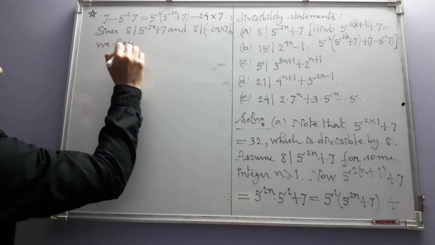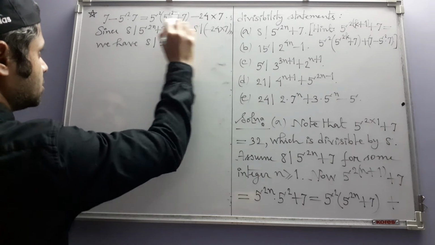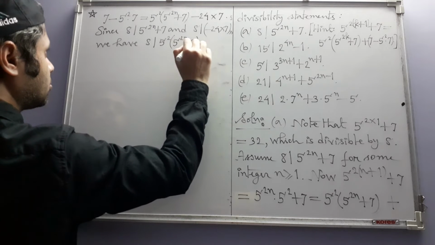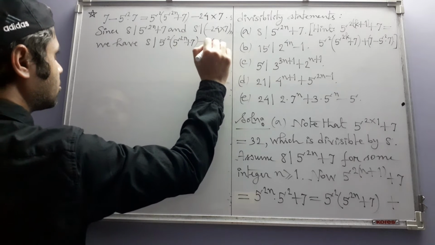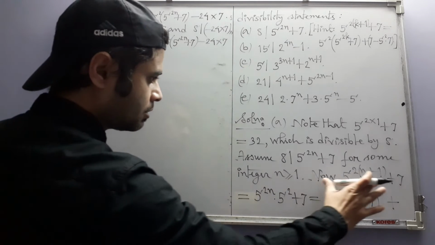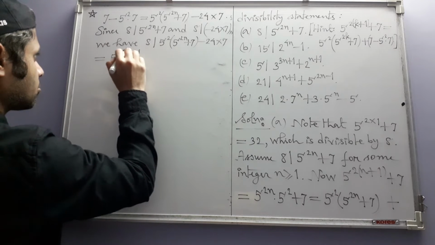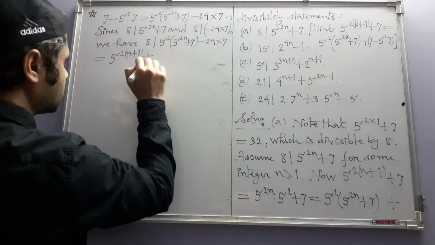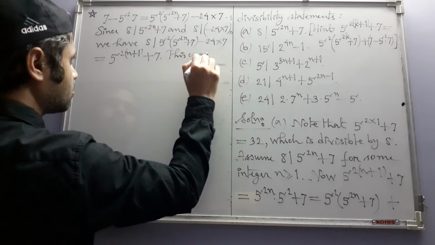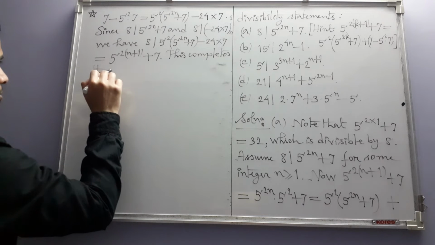We have 8 dividing this expression, which is nothing but this: 2 times n plus 1 plus 7. This completes the induction.